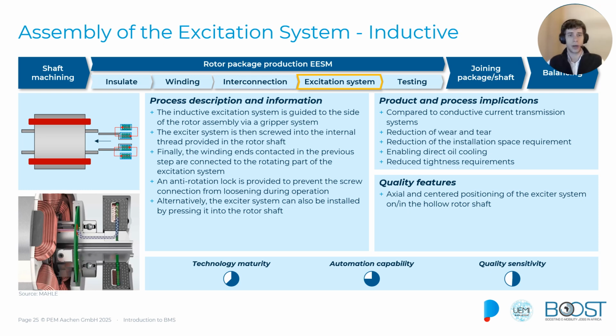This process allows the rotor to be energized without direct electrical contact. The exciter system is then screwed into the internal thread provided in the rotor shaft. Finally, the winding ends contacted in the previous step are connected to the rotating part of the excitation system, and an anti-rotation lock is provided to prevent the screw connection from loosening during operation.